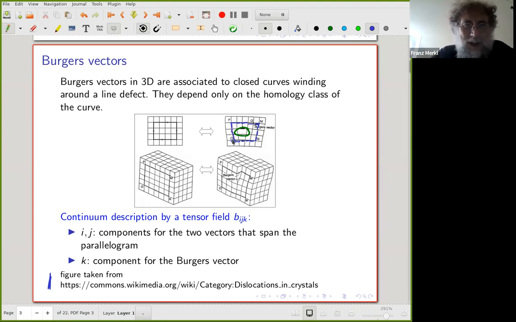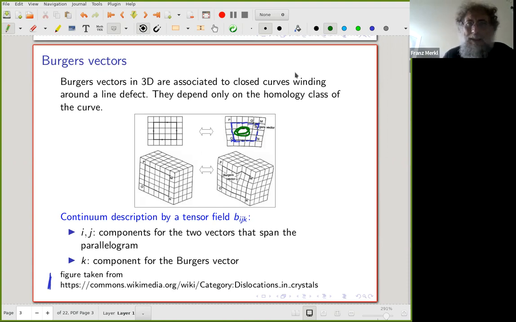So you see, it's not like an ordinary lattice where you have to do equally many steps to the left and to the right as you do steps upwards and downwards in order to have a closed curve. This is a characteristic for the presence of such a dislocation line. You can see it even away from the location of the dislocation line by looking at curves surrounding the dislocation.